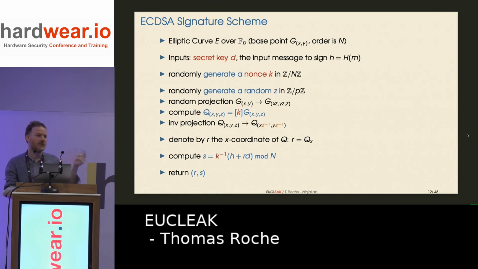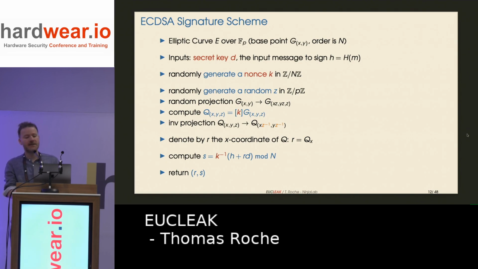And the other way around, if you know the secret key, you can compute the nonce that was generated for a given signature. This nonce is manipulated twice inside the signature algorithm. The first is the line with the scalar multiplication, K times G, a point on the curve, which is the most time-consuming part of the ECDSA computation. The second is the modular inversion in the last line, when you compute S, one of the two parts of the output of the signature. This is the modular inversion that we will attack here.